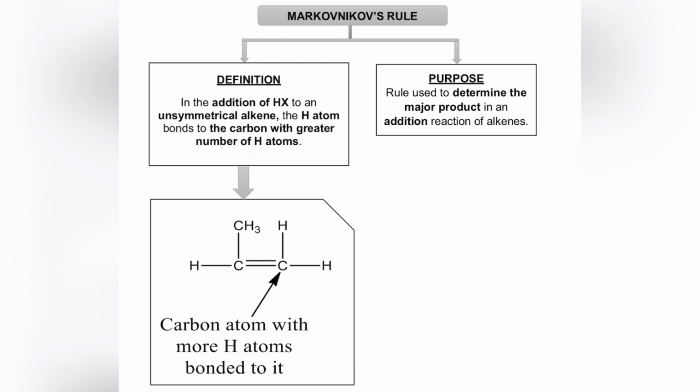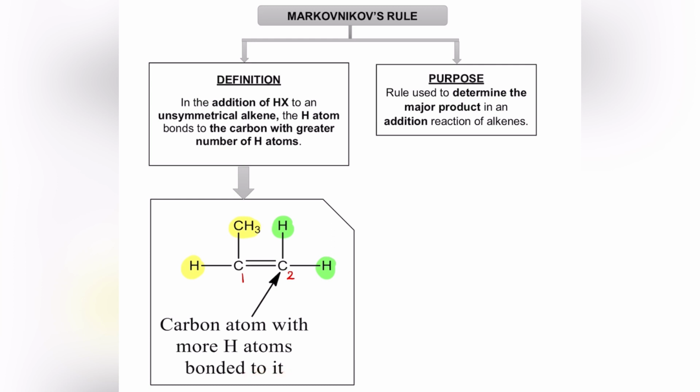So contoh saya ada unsymmetrical alkene here. This is my first carbon and second carbon. Kalau lihat dekat first carbon saya ada CH3 dan juga H. And for the second carbon saya ada 2 H. So if you realize here, kita ada carbon 2 which is more hydrogen atoms bonded to it.